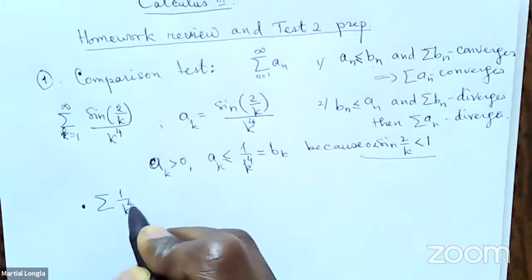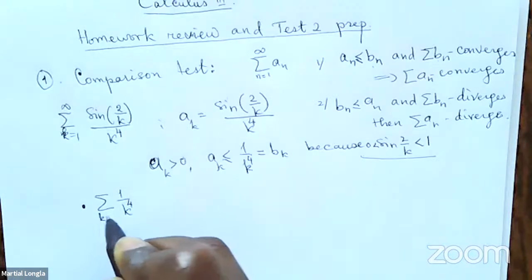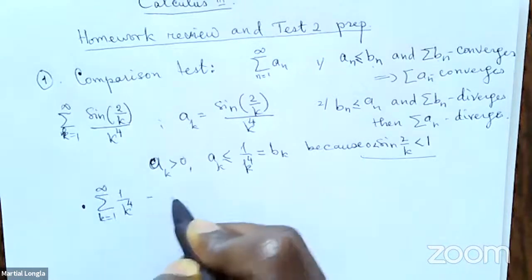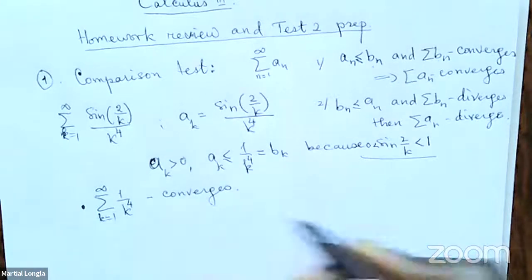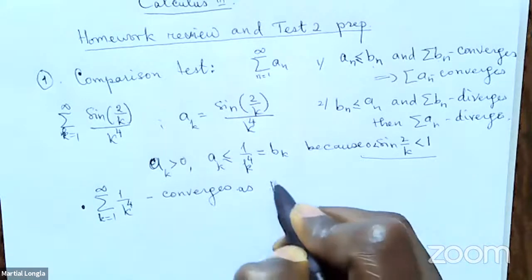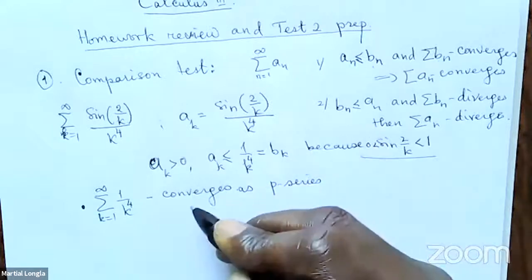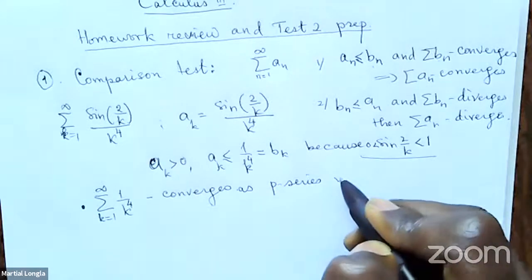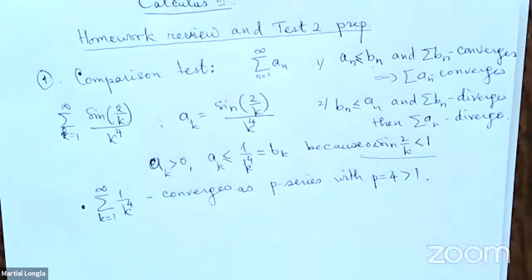And now, important to show that this thing converges. It's not just one statement you're writing there. Sum, k from 1 to infinity, of 1 over k to the power 4 converges, and you need to prove that it converges. Why does it converge? It converges as a p-series. Not all of them are going to be p-series. This converges as a p-series with p equal 4, larger than 1.